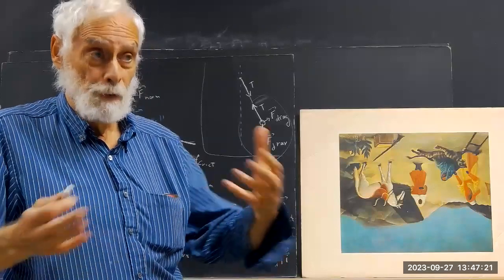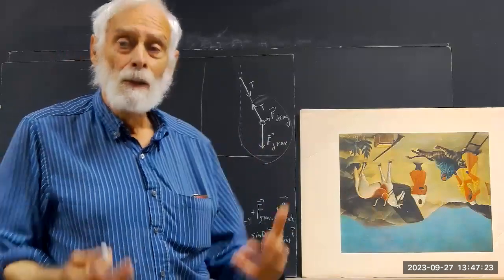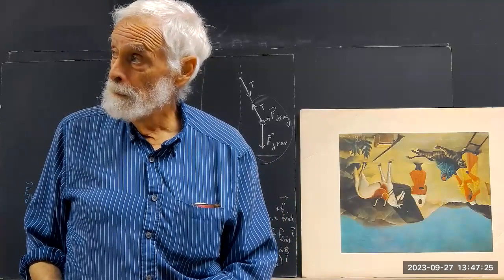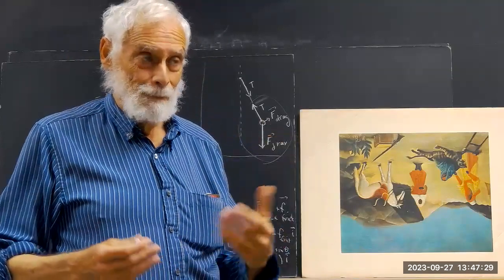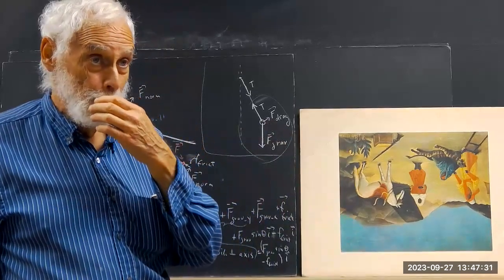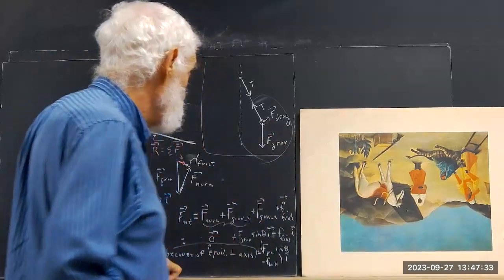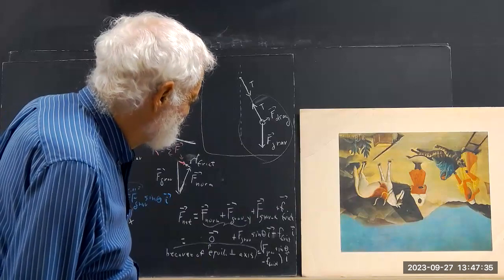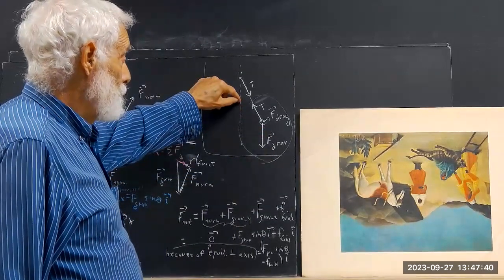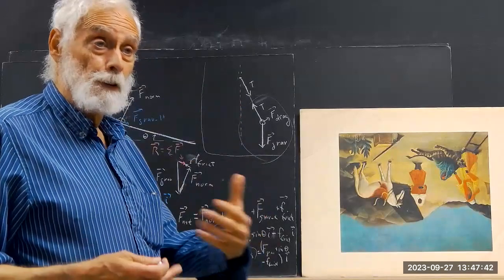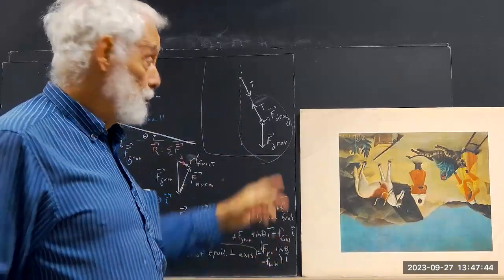Because drag would suck the energy out of the system, to make that more formal later. There's also flexing in the string, and that dissipates energy as well. I haven't tried to compare the effect of drag with the effect of flexing of the string. It depends on the mass.